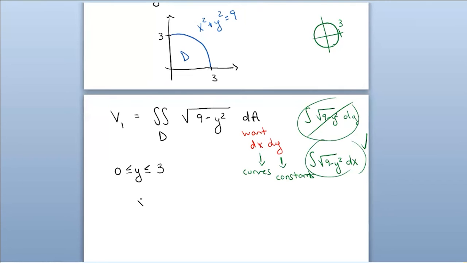And now I'm going to put a bound on, or 2 bounds, obviously, an upper and lower bound on x. So I want my leftmost curve and my rightmost curve. So I'm thinking of x, so I'm going from left to right like this. So my leftmost curve is here at x equal to 0. My rightmost curve is the circle here, right? My blue curve.